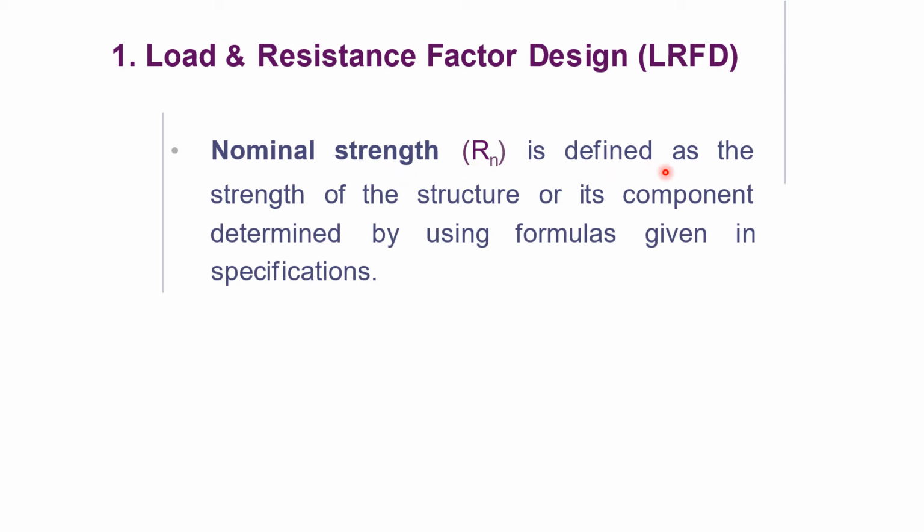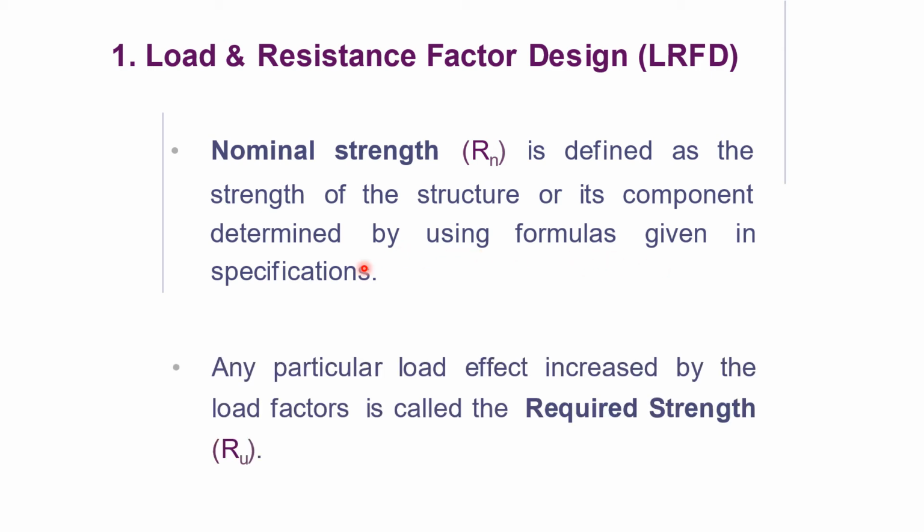Nominal strength is defined as the strength of a structure or its component determined by using the formula given in the specifications. This is the right side of the equation, and this is the left side, the load. Any particular load effect increased by the load factors, that is the factor of safety, is called the required strength. That is the applied loading side, and that is the material side.